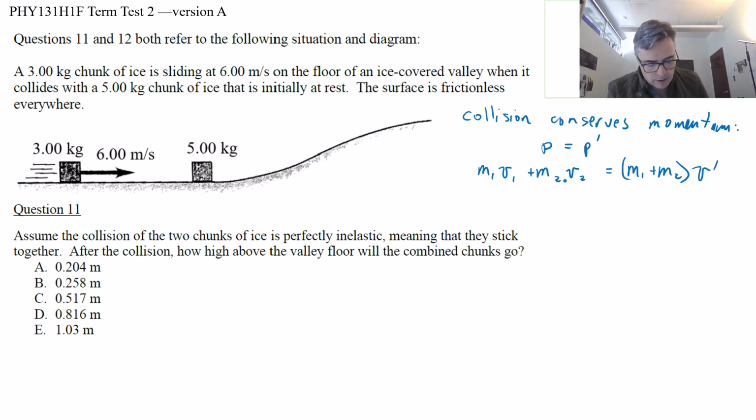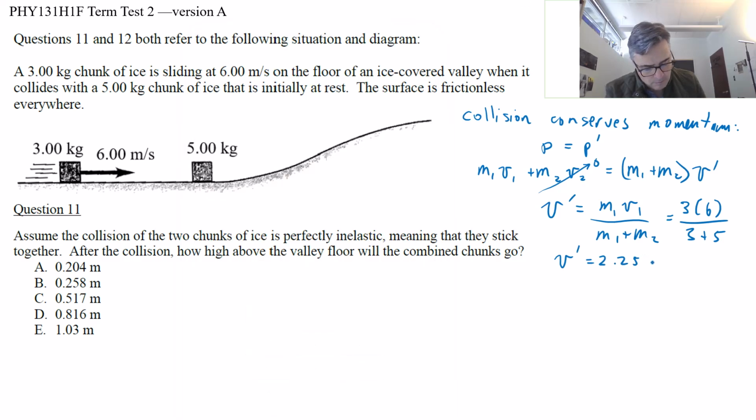And also v2 is equal to 0. So you just say that v prime is equal to m1 v1 divided by m1 plus m2. 3 times 6 divided by 3 plus 5 is 2.25 meters per second just after the collision.